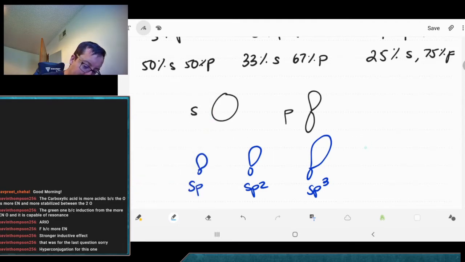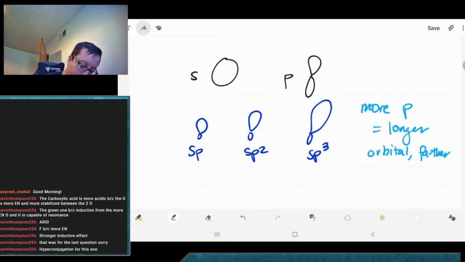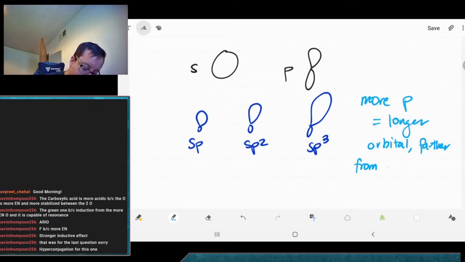So the more p character we have, it's a longer orbital, and it's farther from the nucleus. Or rather, there are regions of it that are farther from the nucleus, like its range is farther.